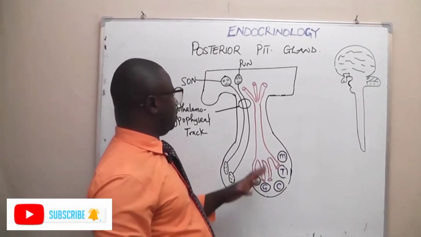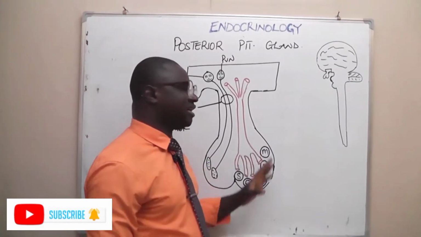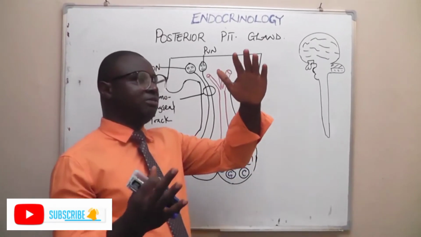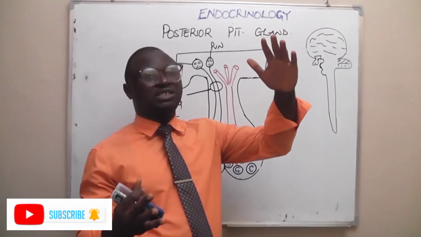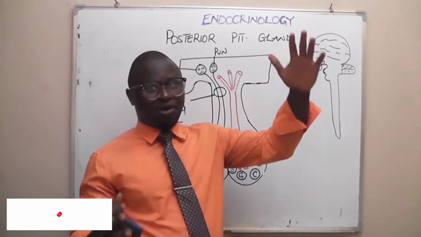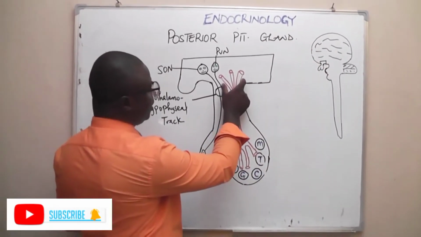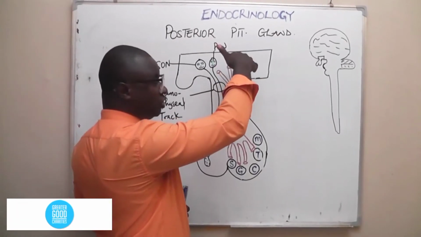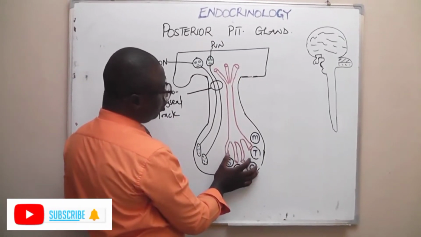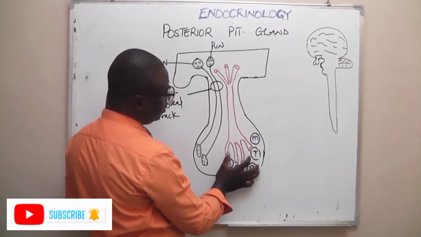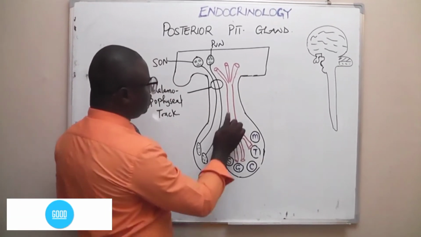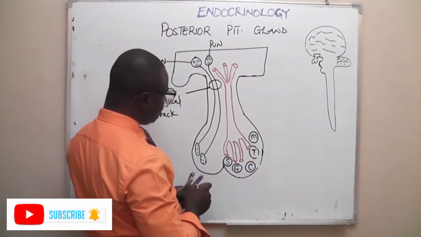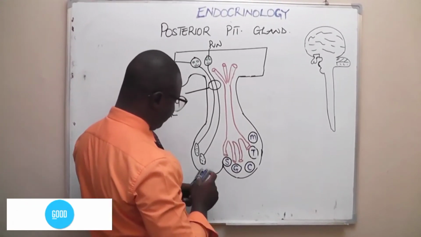Now it is made up of the portal system. When we talk about a portal system, a portal system has two systems of capillaries. You have the primary capillary here that receives some forms of releasing hormones. Then you have the secondary system. This particular blood vessel is known as the portal vein.